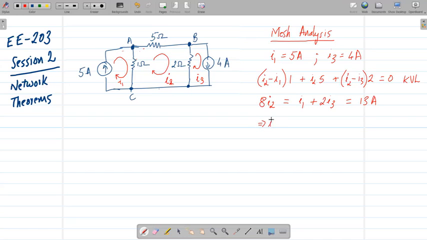That implies the current I2, which was the current IAB going from A to B, is 13 over 8. That's approximately 1.62 amperes. So that's the current in this branch, which is flowing from A to B.